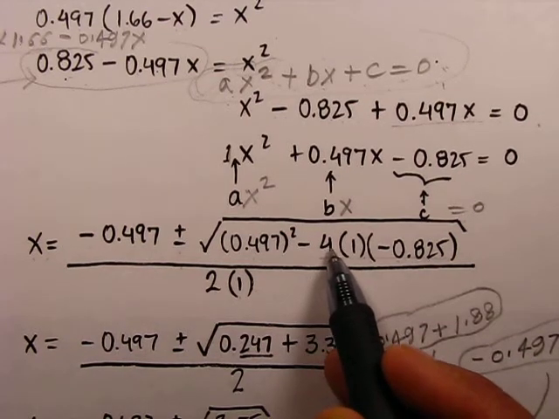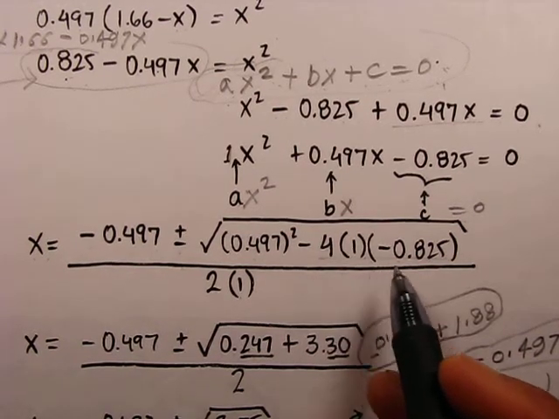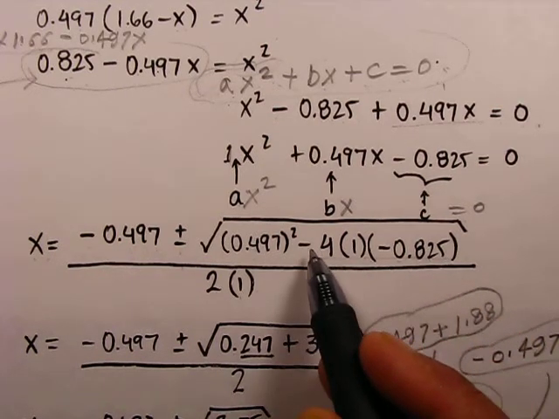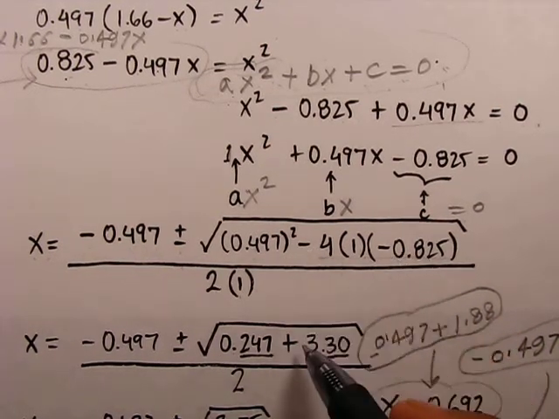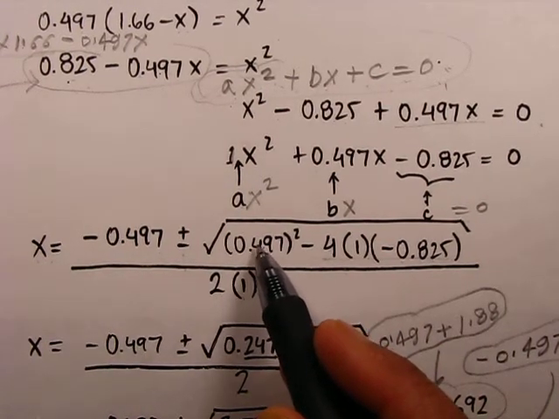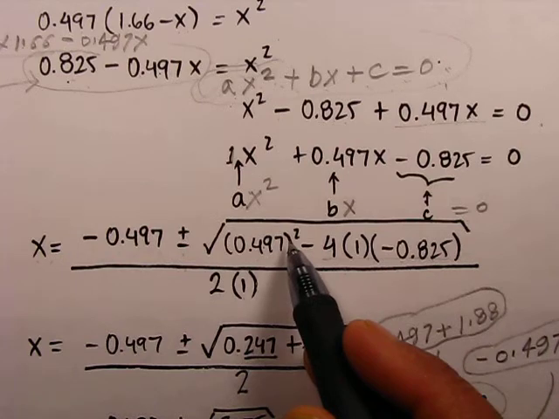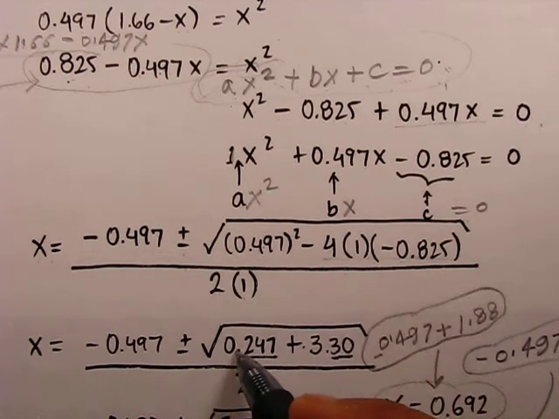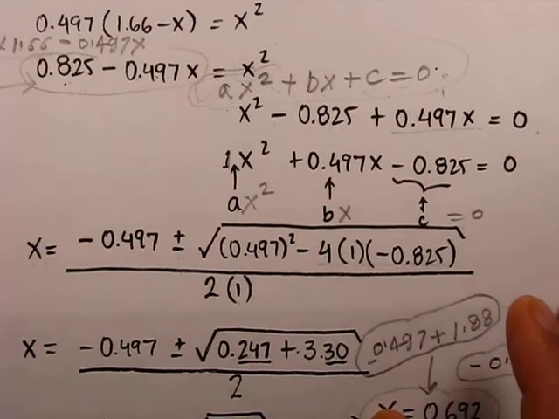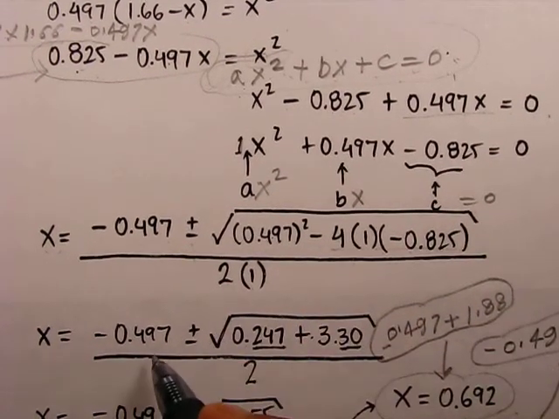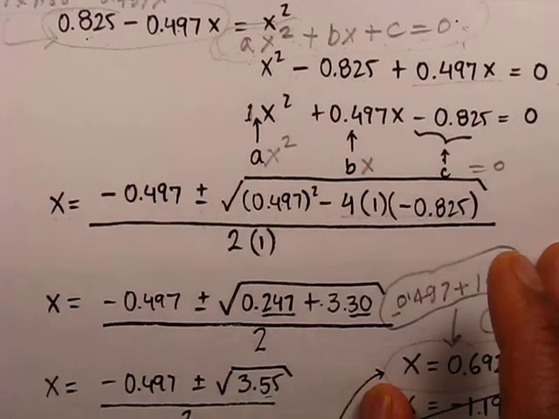First I multiply 4 by 0.825. Once we open the parenthesis, the negative sign becomes plus. Under the root, we first take the square, 0.497 squared, and the answer is 0.247, and the outside remains the same.